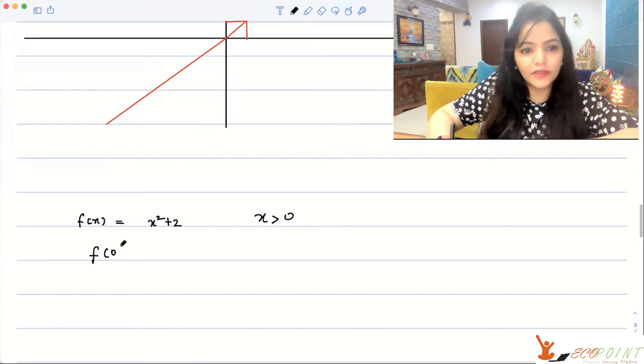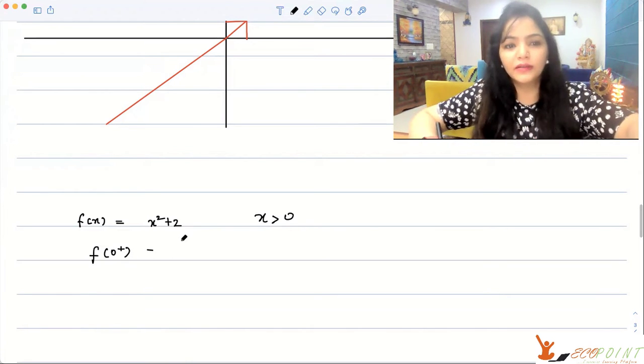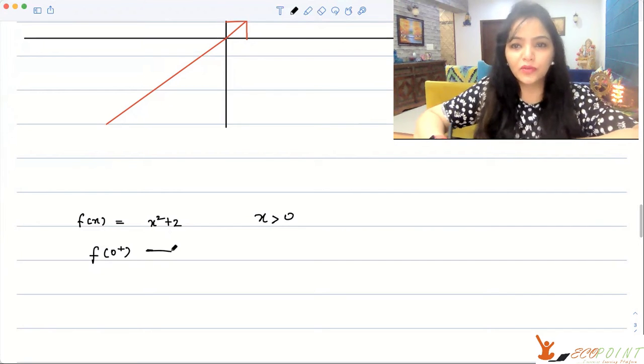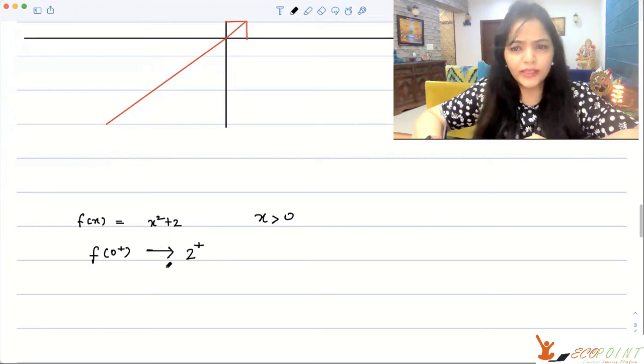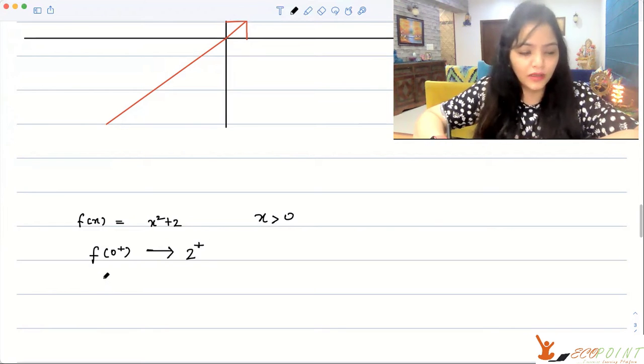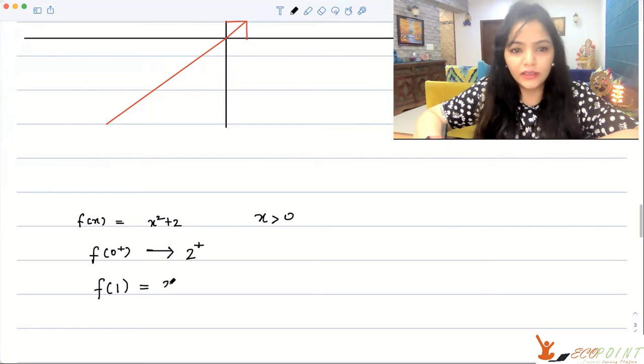So f(0 plus) will be something, it's x square plus 2, so this will be a little more than 2. f(1) will clearly be 3. f(2) will be 6.